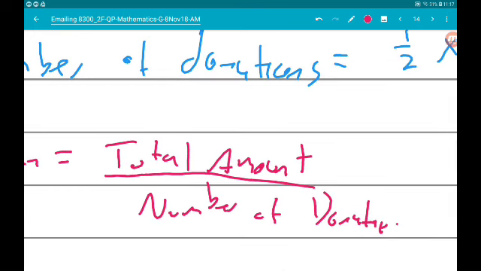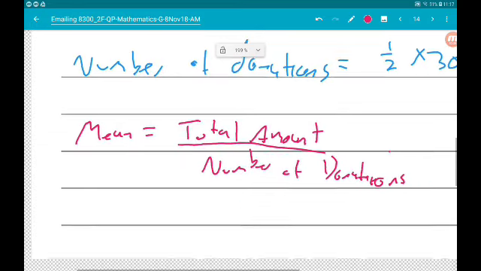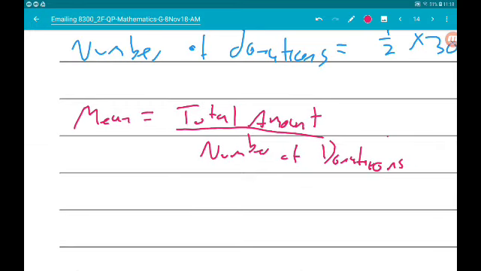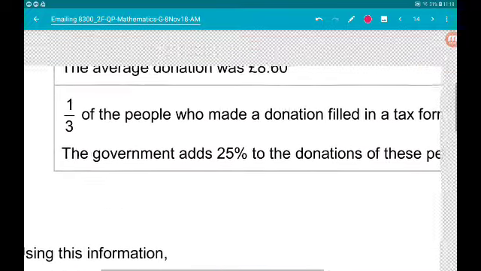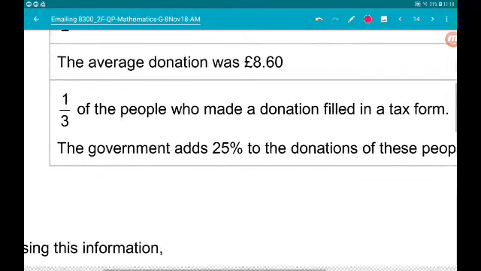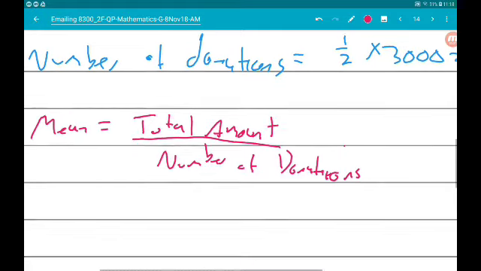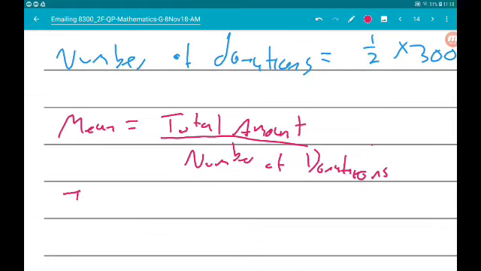So for this appeal, we know the mean, we're going to use the mean from the last one, which was £8.60. We know that £8.60 is equal to, what we don't know is the total amount. That's what we're going to work out. Let's just call it TA over the number of donations.